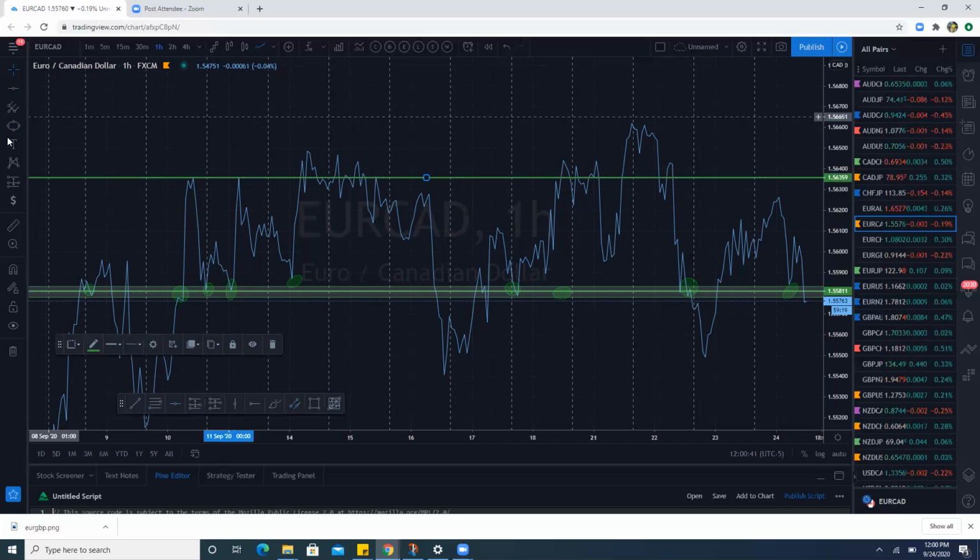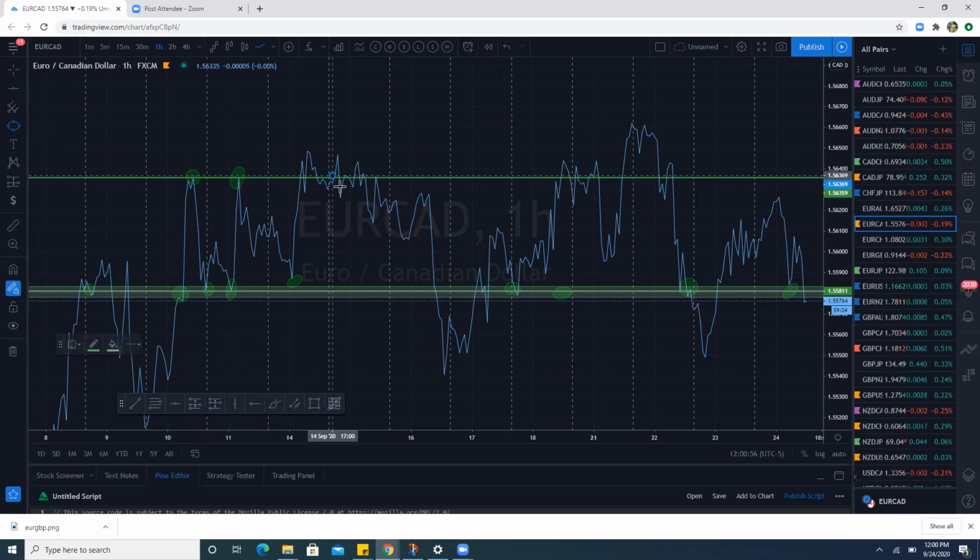If I mark up my reactions to that area, it would be this one, this whole little thing right here, and that break and retest of it, this whole thing, and then this counts too.